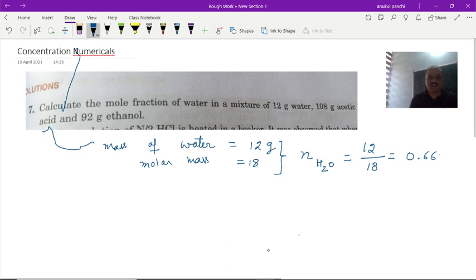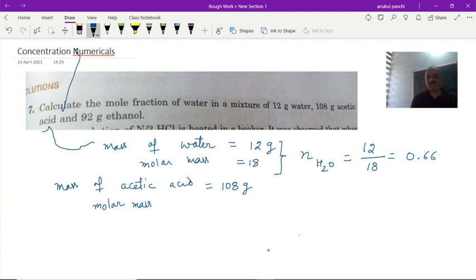In a similar way, you can calculate the number of moles of acetic acid, because here the mass of acetic acid is given. Mass of acetic acid is how much? It is 108 gram. And we know the molar mass of acetic acid. If you don't know, you can compute it from its molecular formula.